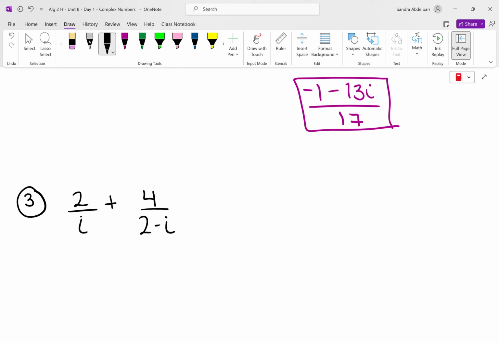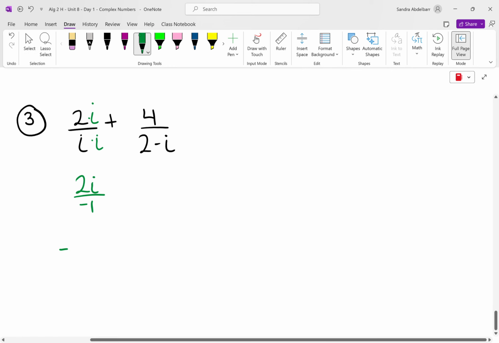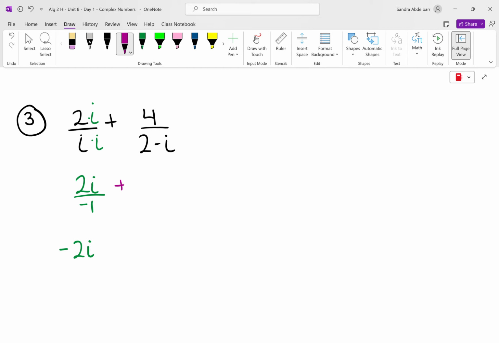We must create a common denominator. Before we create a common denominator, guess what I'm going to tell you to do? Rationalize the denominator first. So for the first fraction, we multiply by i, top and bottom, and we get 2i over negative 1, which is essentially just negative 2i. How do I rationalize the second fraction?